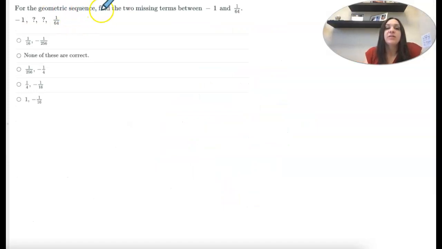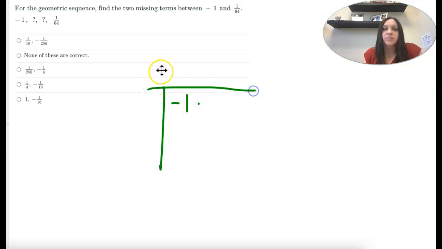For the geometric sequence, find the two missing terms between -1 and 1 over 64. So for this one, we don't know what r is, but we know if we take -1 as our first term, then for our second term we take -1 times the ratio.